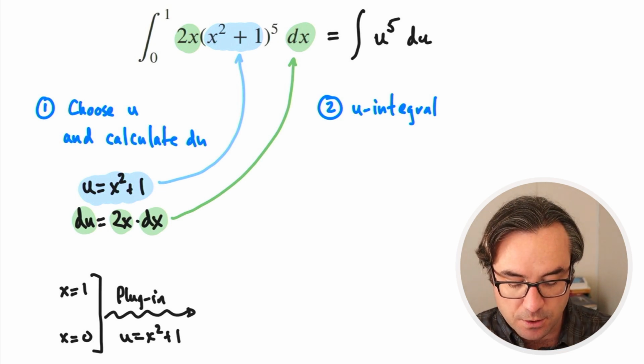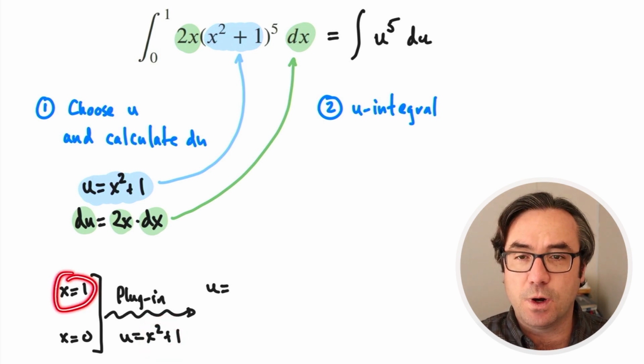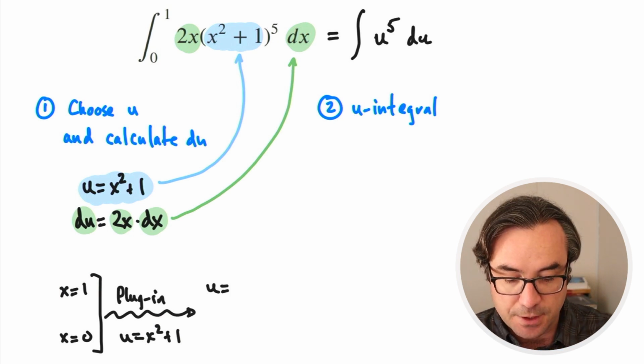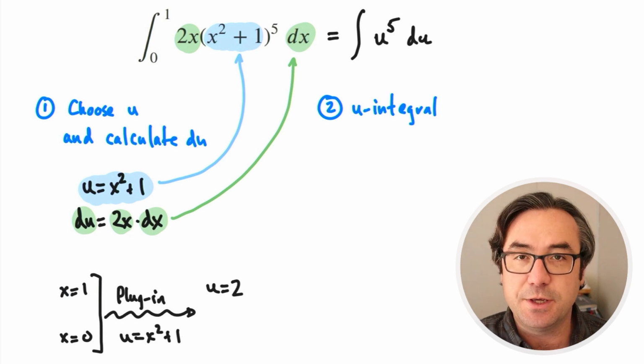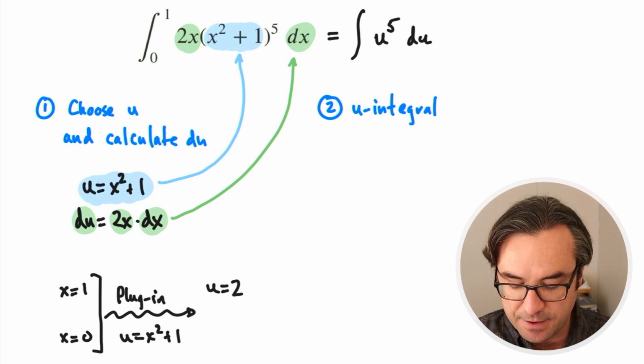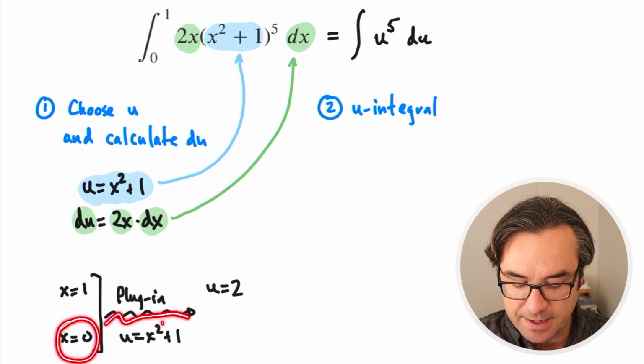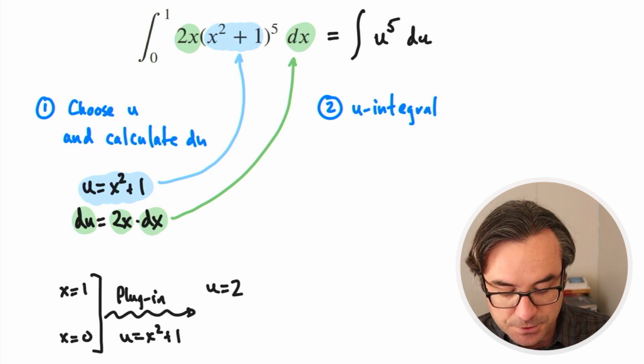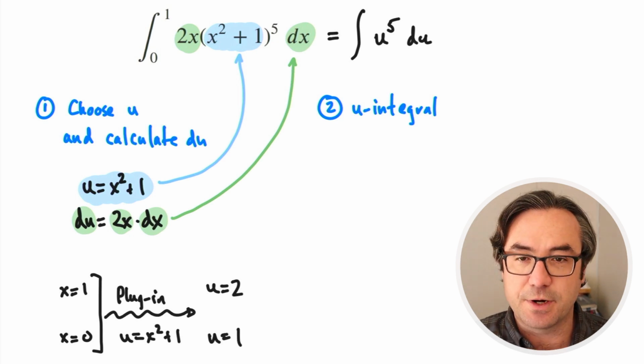When x is equal to 1, we plug 1 in and we get 1 squared plus 1, so our new limit will be u equals 2. And for x equals 0, when we plug that in, we get 0 squared plus 1, so u equals 1 is going to be our new limit of integration.